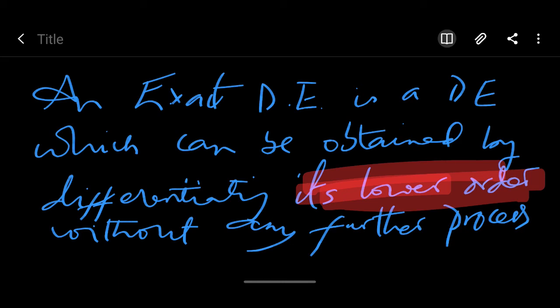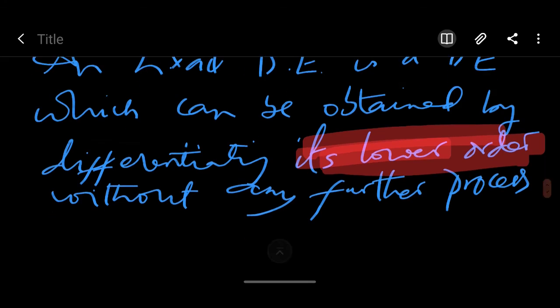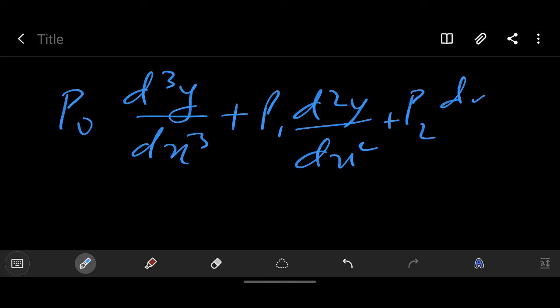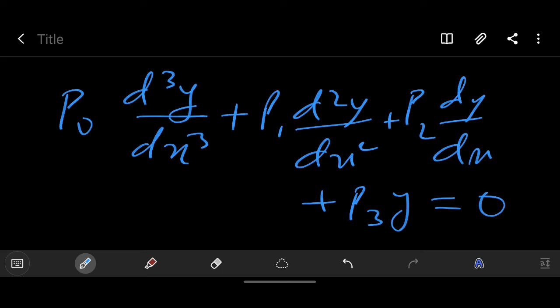How many derivatives we take depends on the highest order of the equation. Suppose P0, like we said before, is the coefficient of the third order derivative, P1 is the second order coefficient, P2 is the first, and P3 is the coefficient of no derivative, just the function y, which equals 0 here maybe.